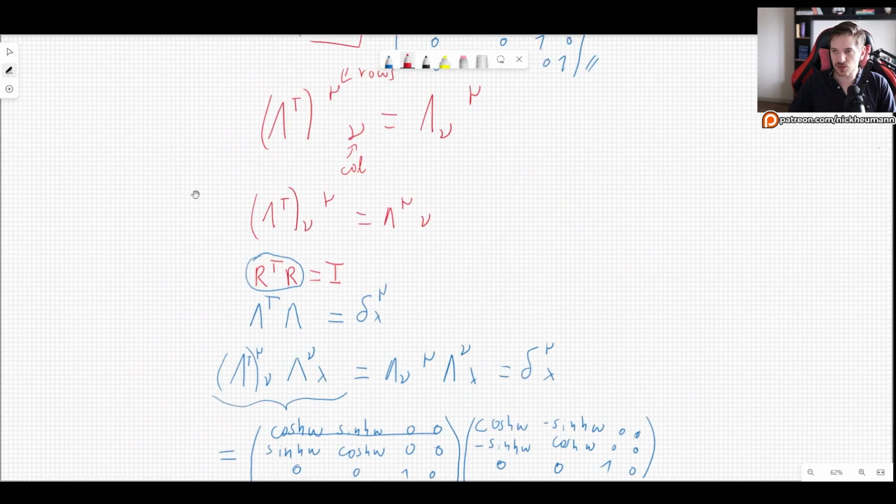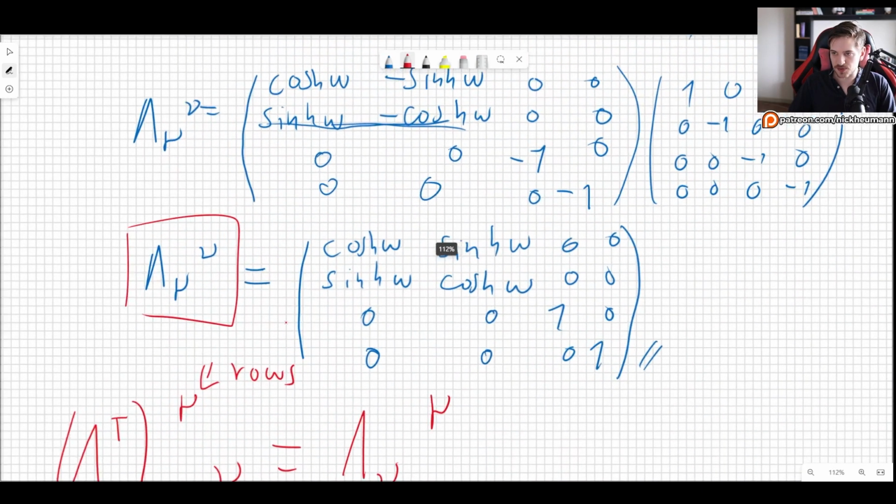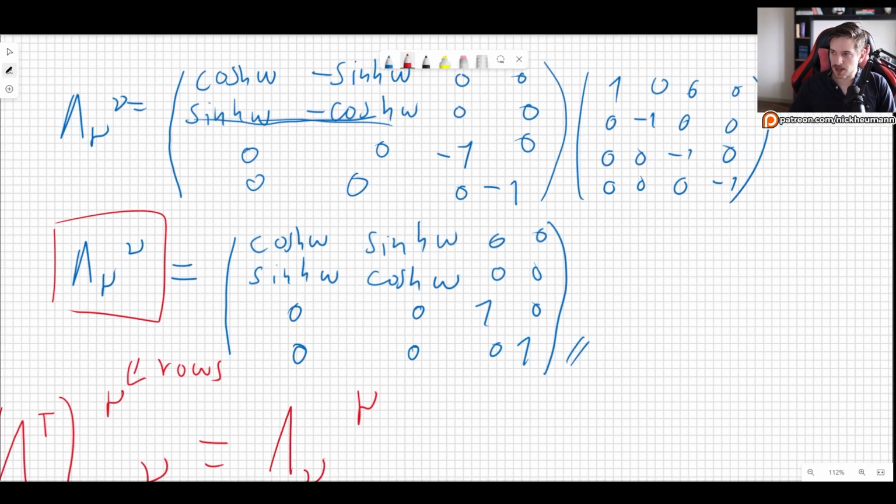Now let's go find the transpose and do the same thing. So here's the transpose. Now if we want to see lambda I 0, again, this means our rows 1, 2, 3, so these, and also only the 0th column, right? So these 3. So the only non-zero possibility is sinh omega.